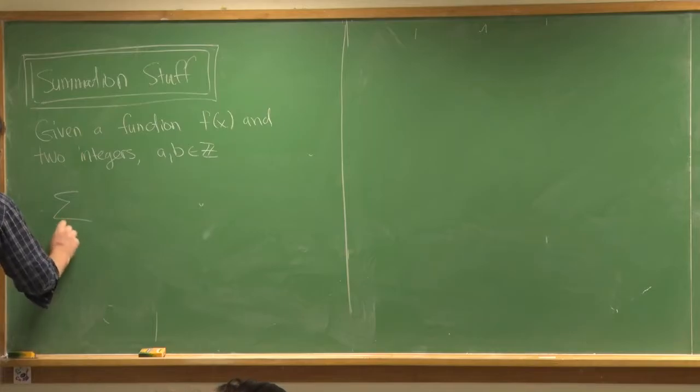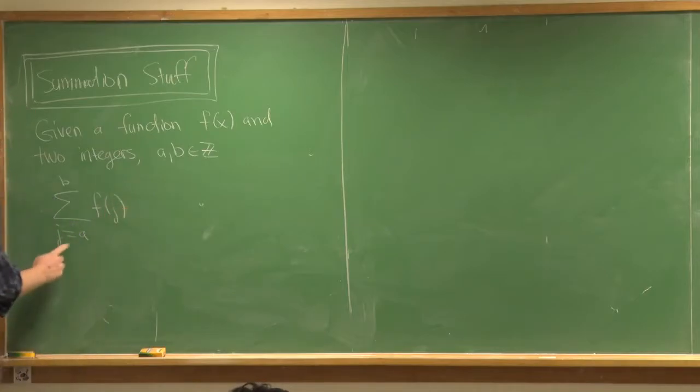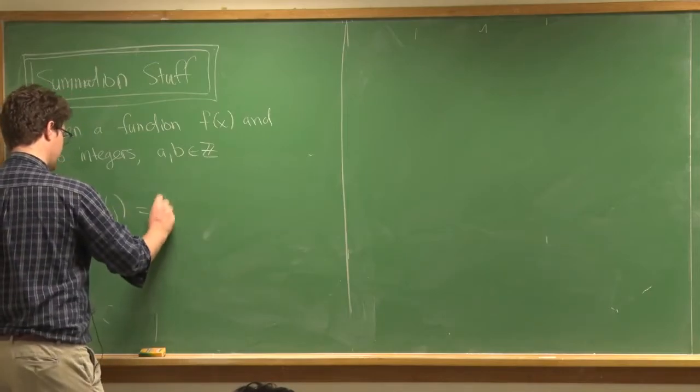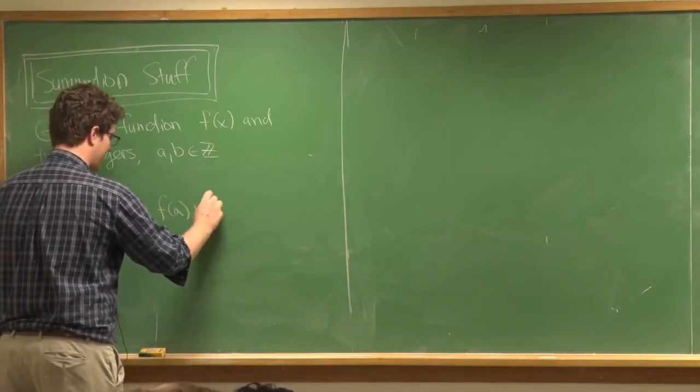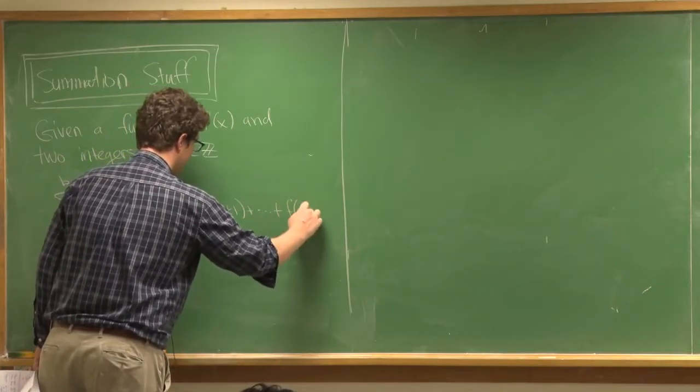So this runs from a to b. So if I write this as the sum of f of j, this is equal to f of a plus f of a plus 1, all the way up to f of b.